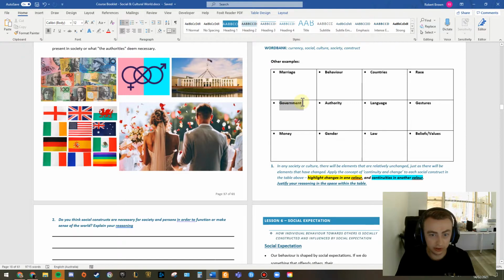Government's a social construct, this idea that we need a big parliament house, that we all elect representatives to our country. We've made all those rules up, all our laws, they're all made up. We've decided that giving meanings to certain laws in our society is the right thing to do. So for example, not driving over the speed limit is a law that mutually everyone's agreed upon.